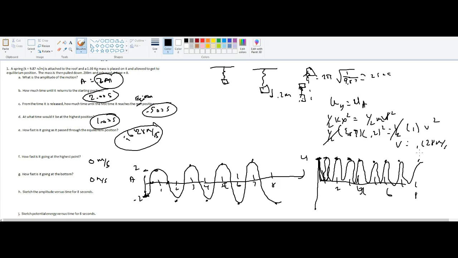Now, for those of you starting to think about the next problem, what is different about something going back and forth in a pendulum motion? The only thing that's really different, everything else is going to work out almost exactly the same. We're talking about displacement, how far in the x direction. We're not talking at all about the y direction, except for in this. What energy is driving a pendulum?